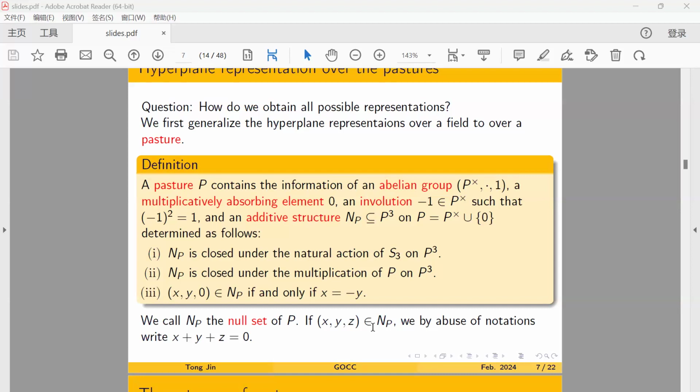So for instance, if you have x, y, z in the null set, we do not have x plus y plus z plus x plus y plus z equal to 0. That's not happening here. So we only record the 3-term additive relations, that is, a null expression. Okay, let's do a few examples.